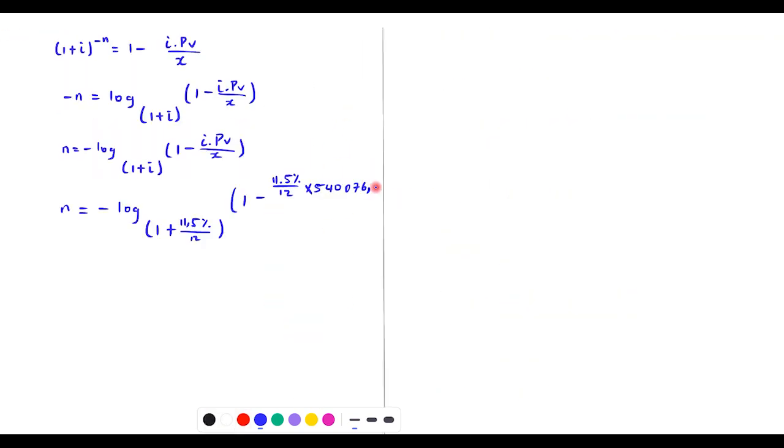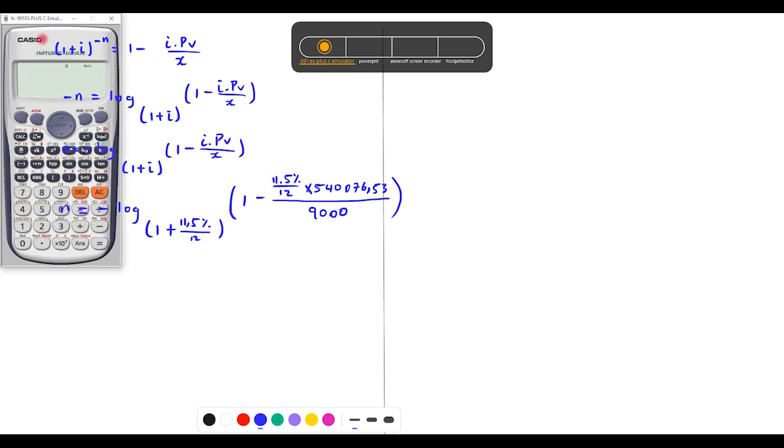Now you're wondering what x is going to be. Remember x now, since we want to understand how long we have left. x is going to be 9,000 because now she decided to pay 9,000. So we want to press this in our calculator and see what we get.